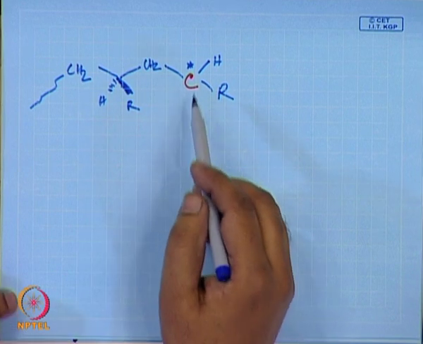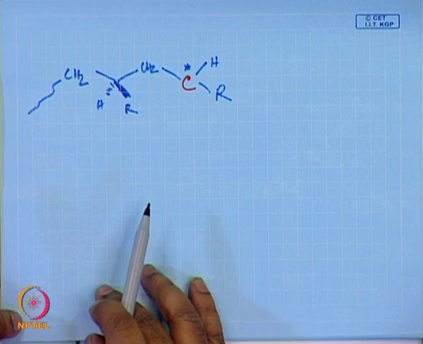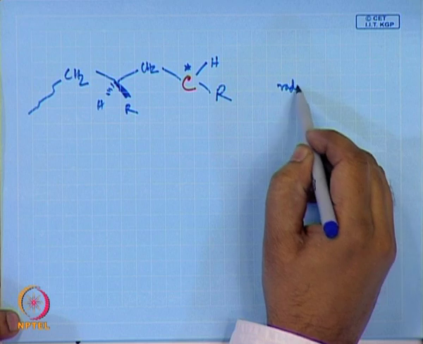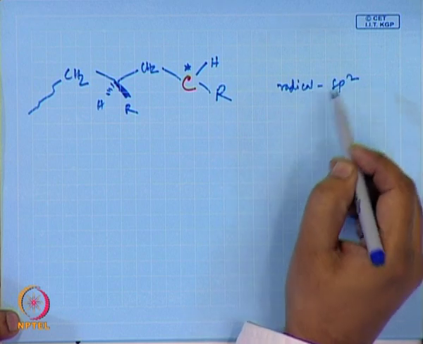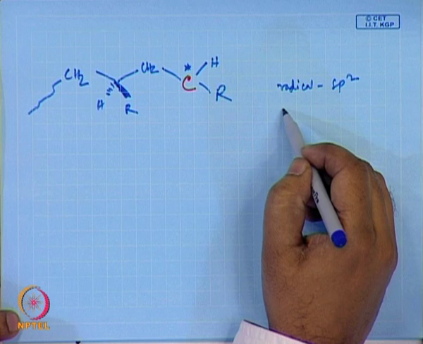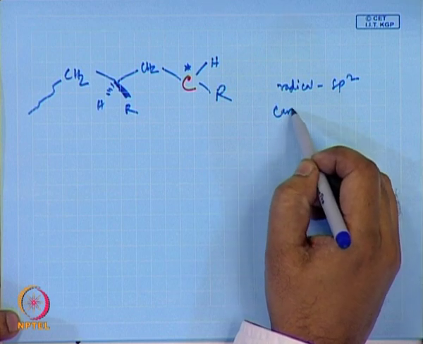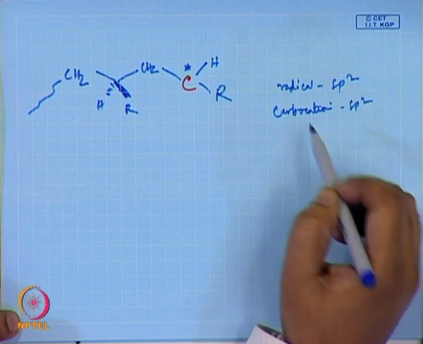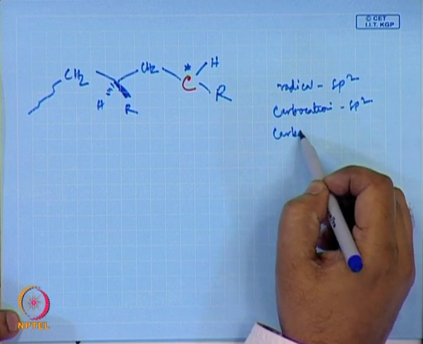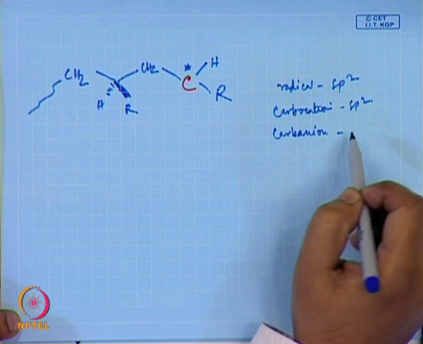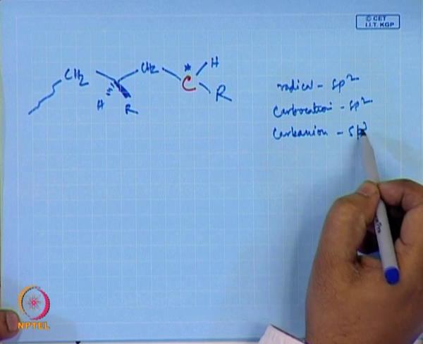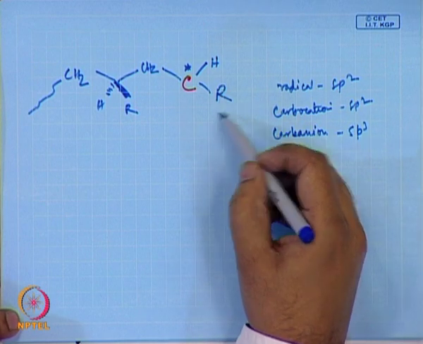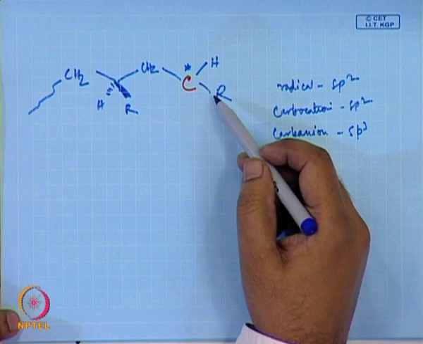Now, what is the geometry of this carbon atom? What is the hybridization? If this is a radical, obviously this is sp2. If it is a carbocation, then also it is sp2. If it is a carbanion, then ideally it should be sp3, but because you have a substituent group R here.